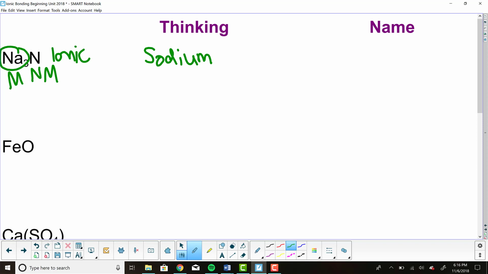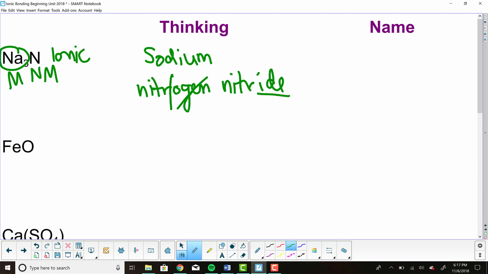The nonmetal is nitrogen. And when we name ionic compounds, we actually are going to change the ending of the nonmetal, the anion. We're going to change the ending of the anion from nitrogen. We're going to cut it off, and we're actually going to say nitride.